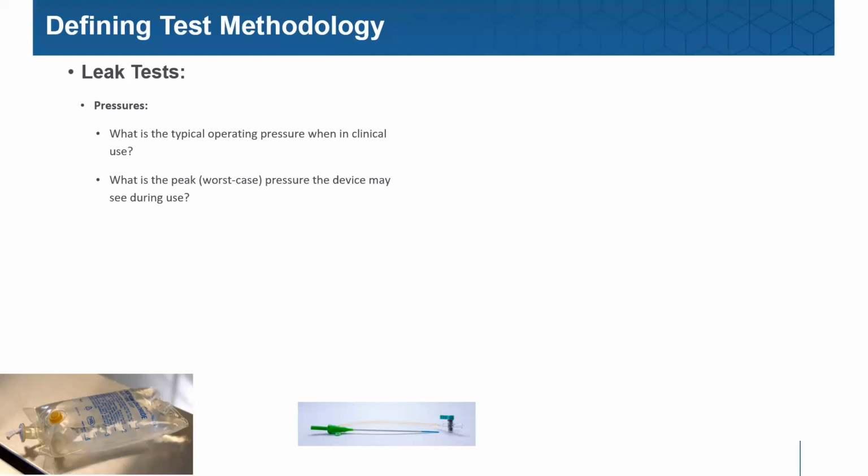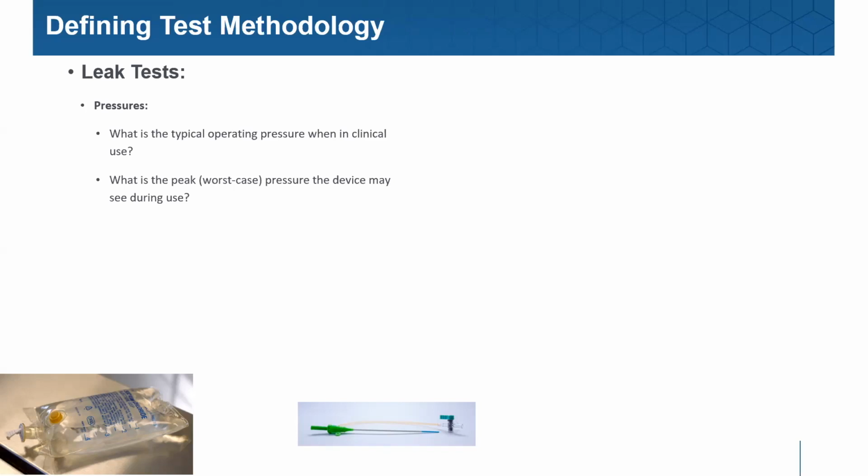And that is by far the most common. Some applications could see spikes or surges during clinical use. And if that happens, do you need to challenge the part at that elevated pressure? Or instead, do you simply want to prove that it can be subjected to that pressure for some minimum time period?